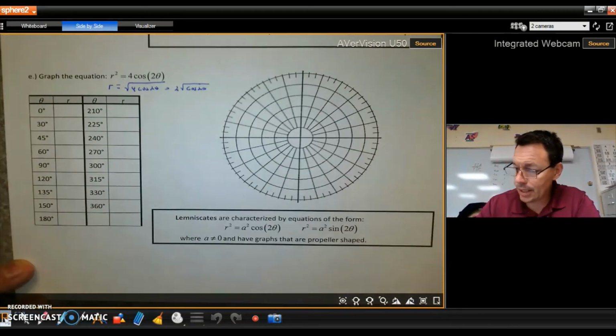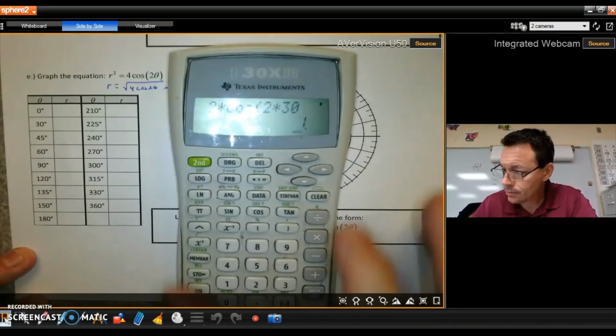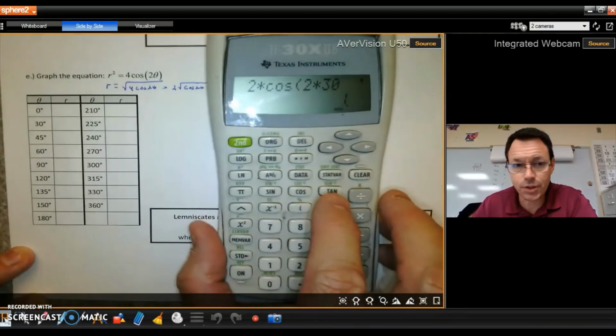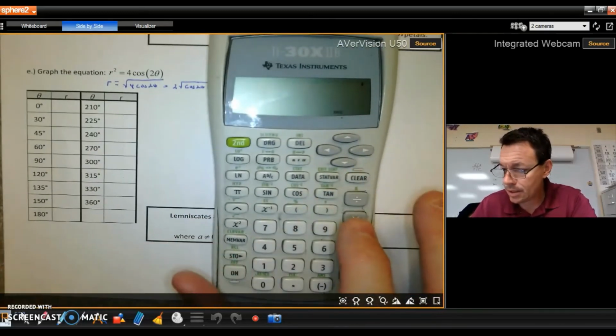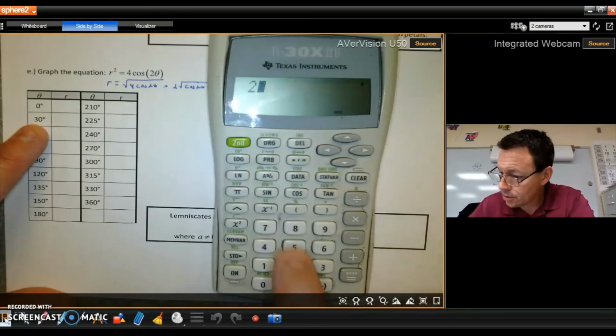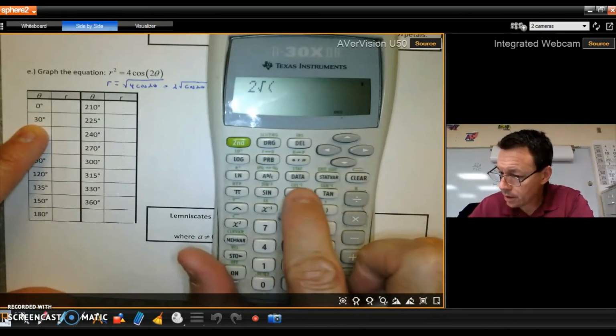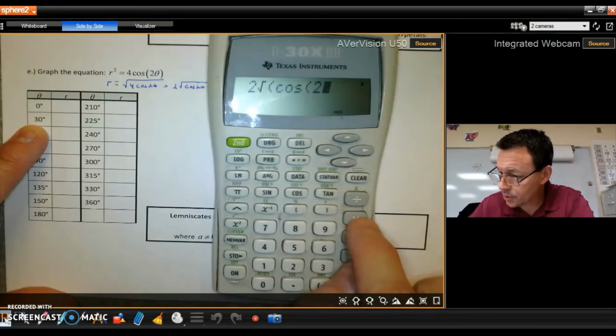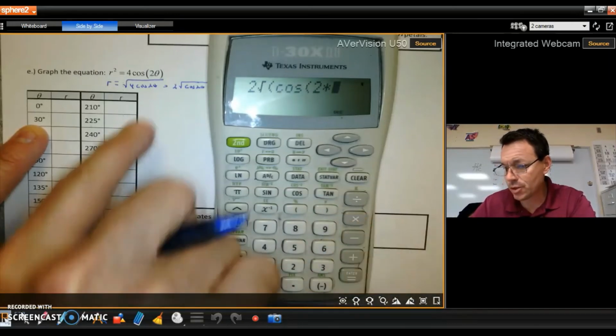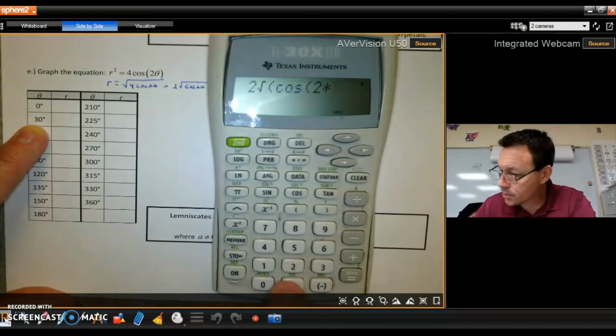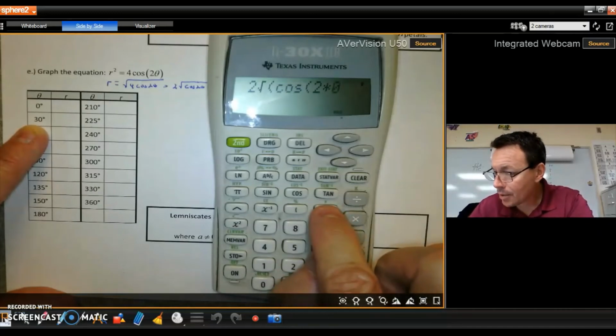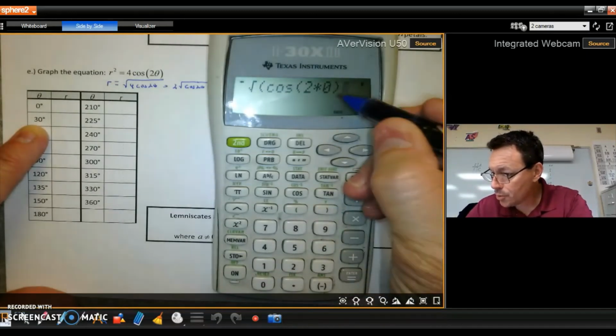Okay, so in your calculator, once we do the first one, if you've got a calculator that does this, so 2 times the square root of the cosine of 2 times theta, so 2 times 0. I'm going to close those parentheses.